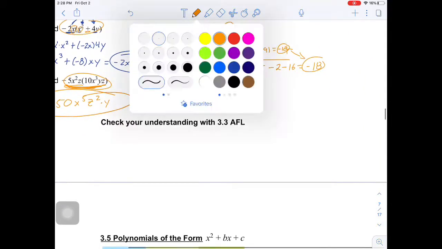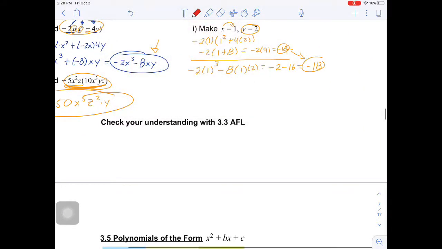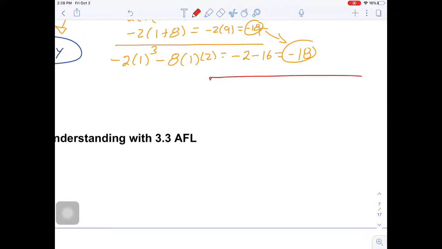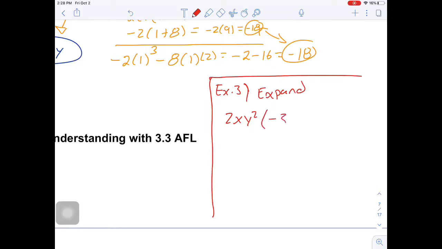Let's maybe do one more example here, because I feel like I might have missed something. So let's do example 3 over here. Let's expand, and let's do something a little bit easier. Negative 2xy squared multiplying negative 3x plus 4.